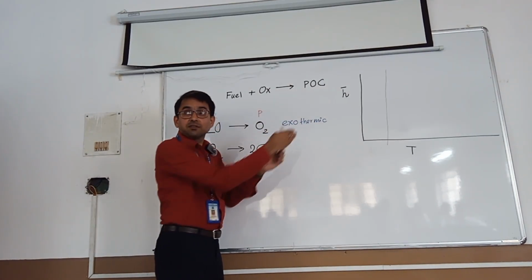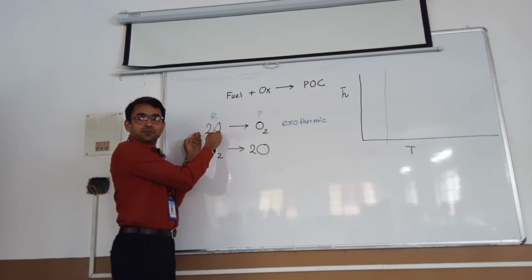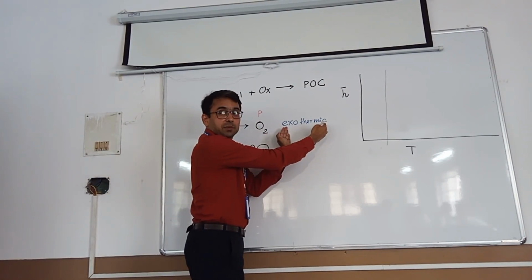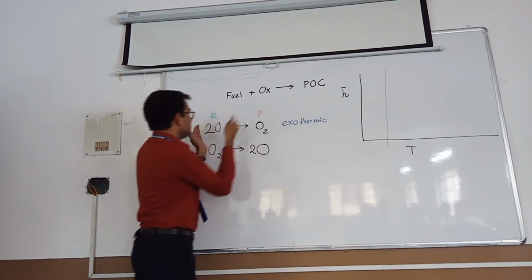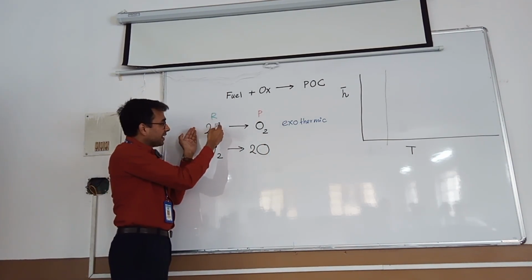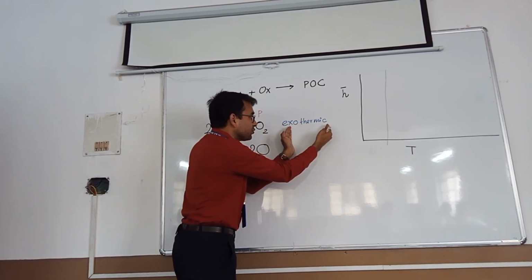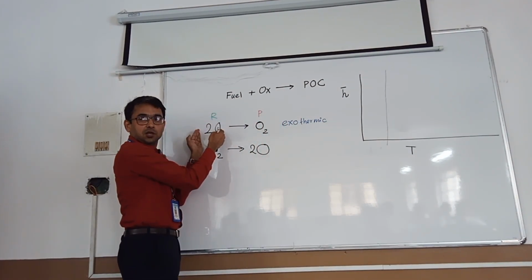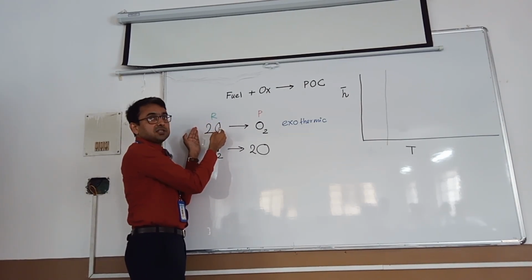Try to understand. Try to follow this. From the chemical energy, thermal energy is released. That means this thermal energy was there in the form of chemical energy. Now that chemical energy is released in the form of thermal energy. So this chemical energy, that is enthalpy related to chemical energy, is more than this.